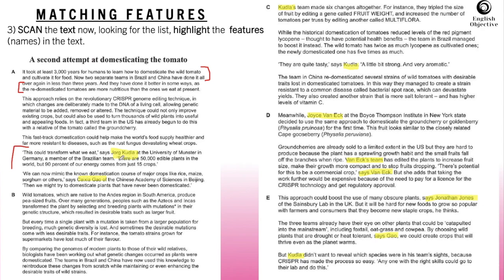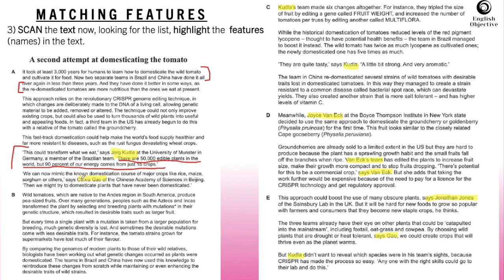University in Germany. There are 50,000 edible plants in the world, but 90% of our energy comes from just 15 crops. Okay, so quite interesting that we have a lot of edible plants, but 90% comes from just 15.